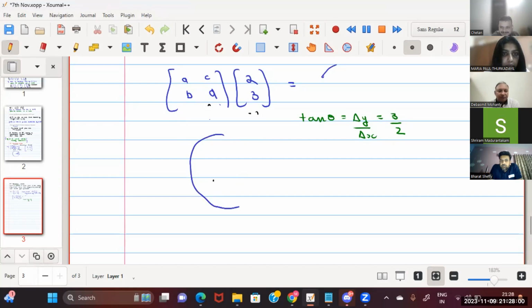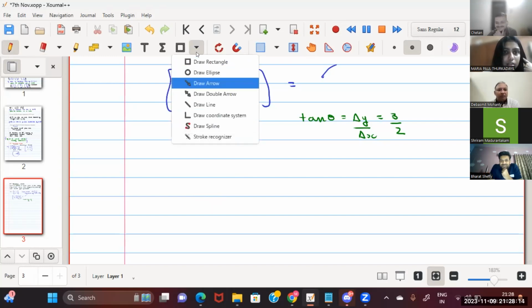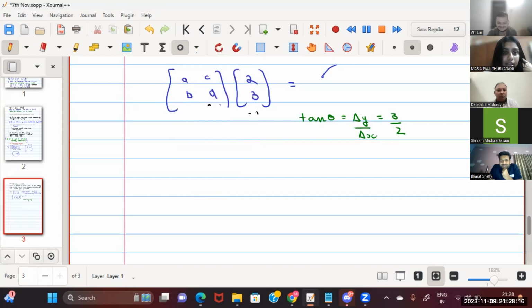Okay, I guess it's because the service I'm on is not that good. Let me just check if I have an option for figures. Insert shape or something. Draw ellipse, yeah, maybe. That's better.